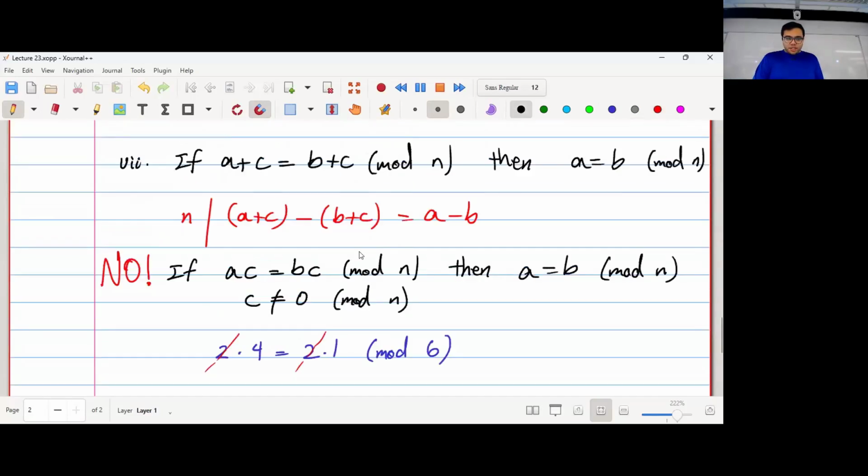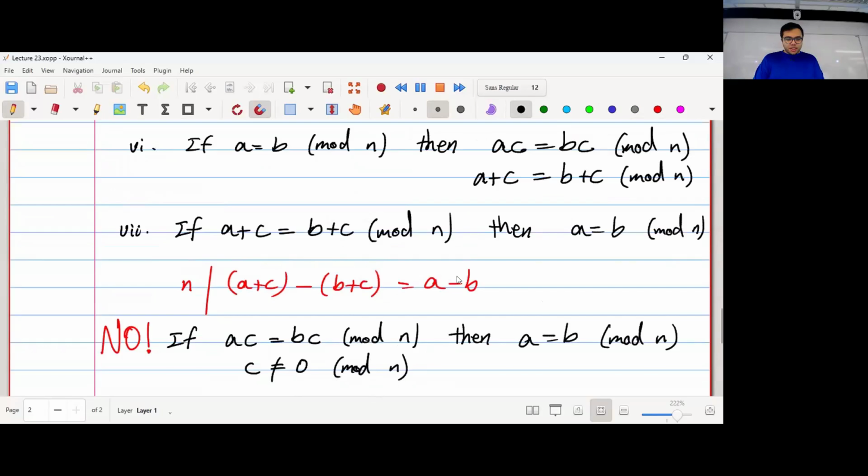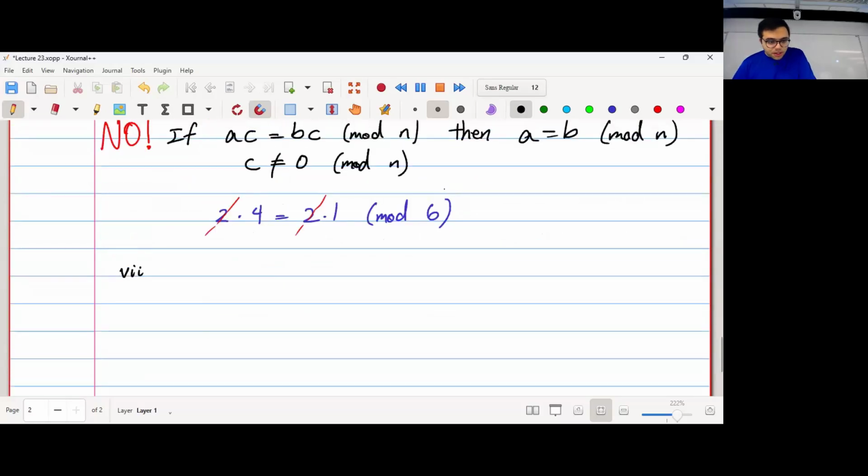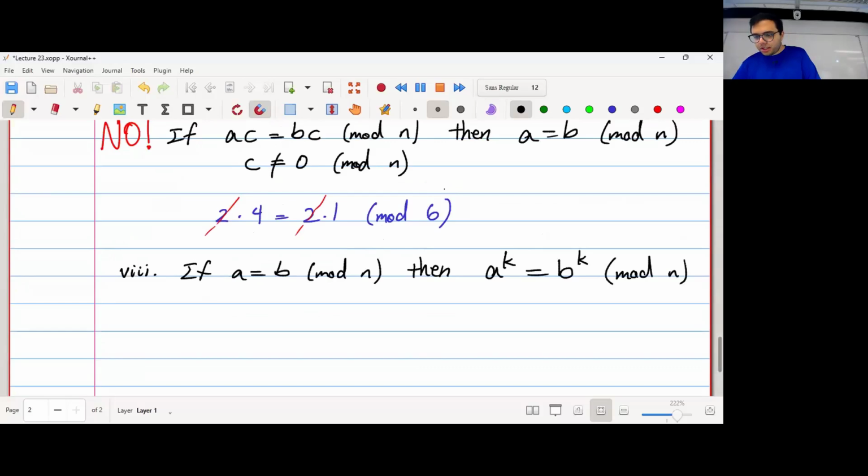Great. But because I can multiply both sides by something, I can also have something like this. I can say if A and B are the same modulo n, then A to the power of any number k is congruent to B to the power of the same number k modulo n.